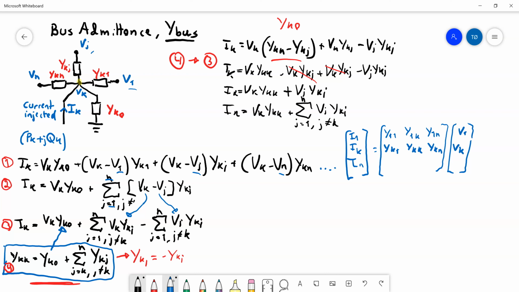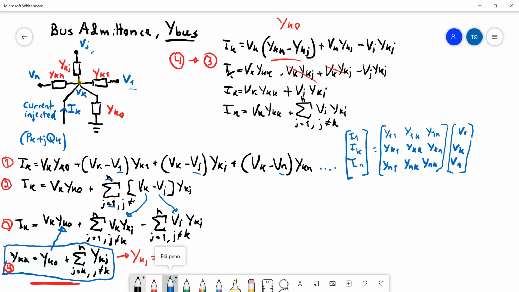And for the current IN, YN1, YNK, and YNN, which can be multiplied with V1 through VN, like this. So every row is the sum of the currents in the node, so remember that.